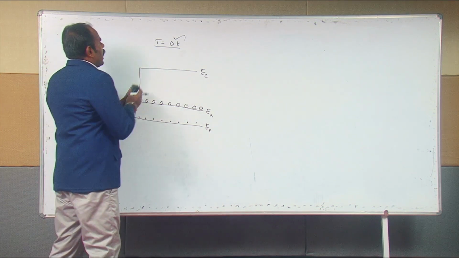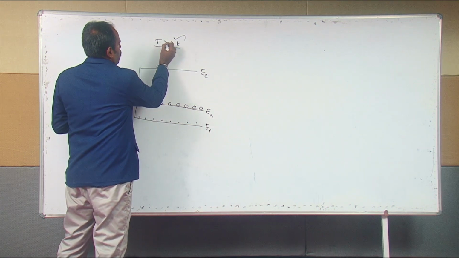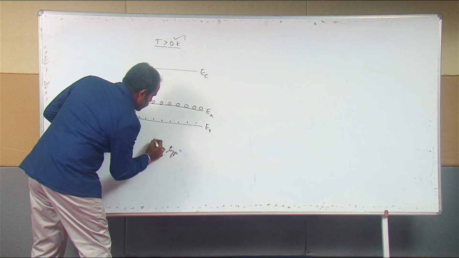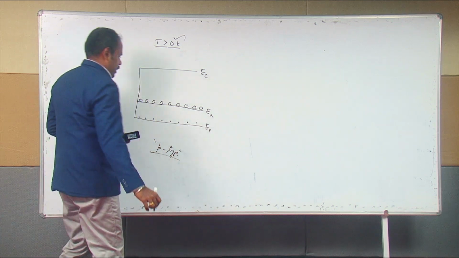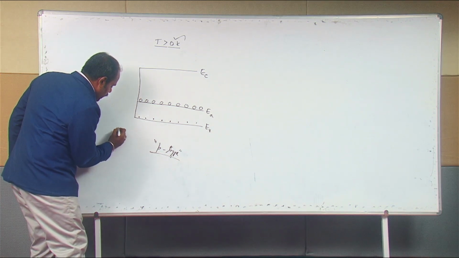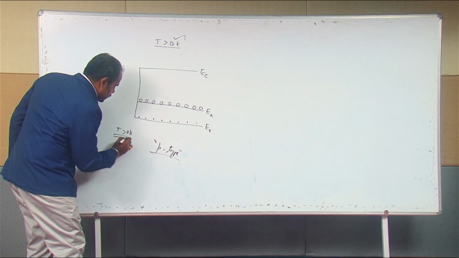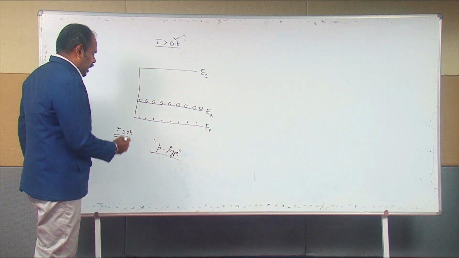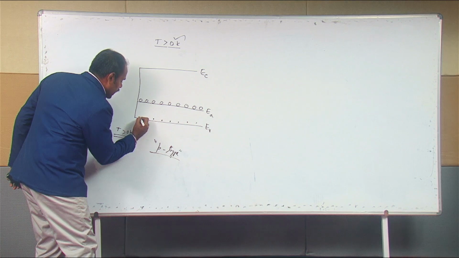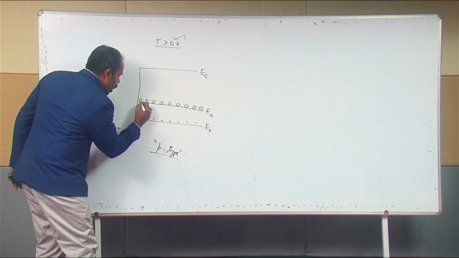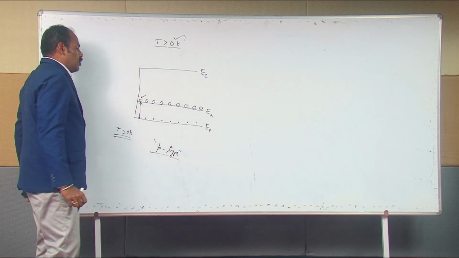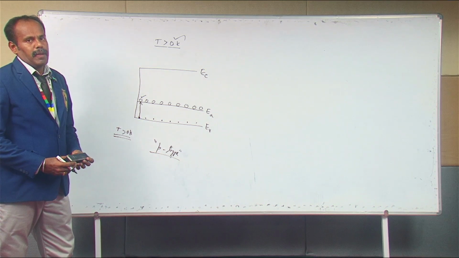Fine. Now what happens when you increase the temperature? When T is greater than 0 Kelvin, what will happen to this p-type semiconductor? When you increase the temperature, the electrons in the valence band will gain energy and go and occupy the acceptor sites which are available for electron occupancy.